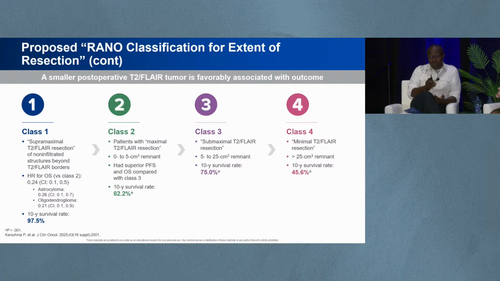For a class 2 tumor resection, again under 5 cc's or centimeters cubed of tumor remaining, you have roughly 82% 10-year survival. Class 3 is 75%, and class 4, it's really about 50%. Again, soon to be published data.